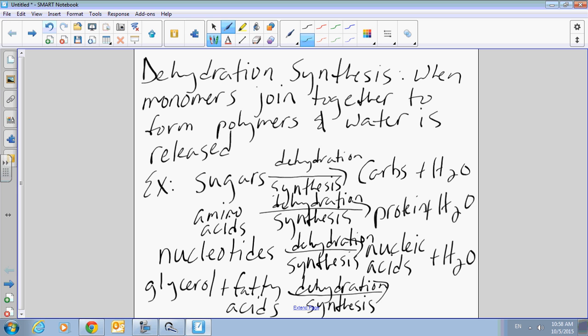You can think of this chemical reaction as just a building process. So when you build a molecule from glycerol and fatty acids, what do you get? Lipids. So to think of it in really simple terms, it's the chemical reaction that builds these molecules that we've been talking about.